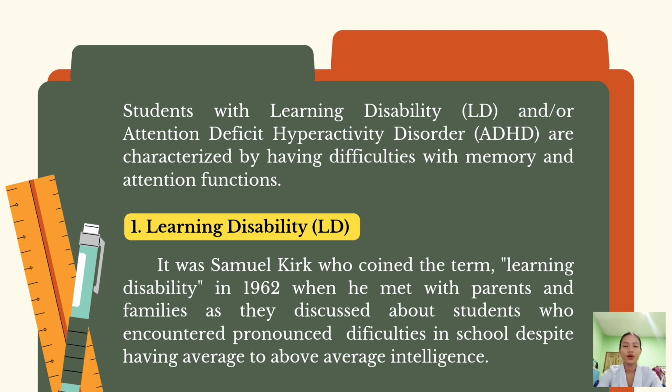It was Samuel Kirk who coined the term learning disability in 1962 when he met with parents and families as they discussed students who encountered pronounced difficulties in school despite having average to above average intelligence.